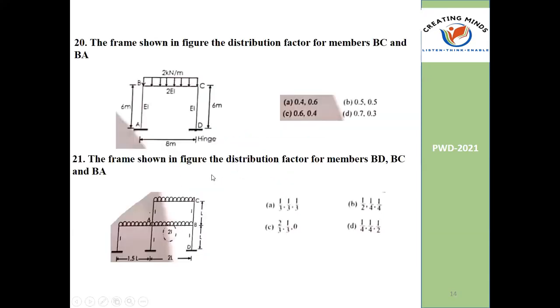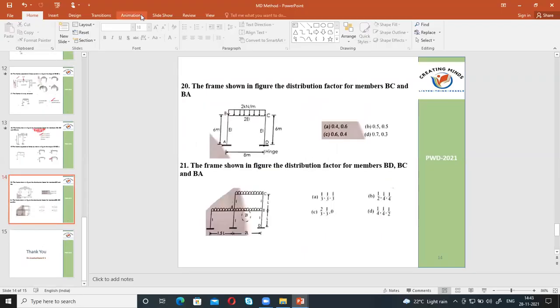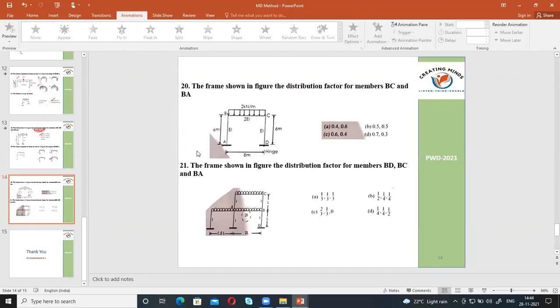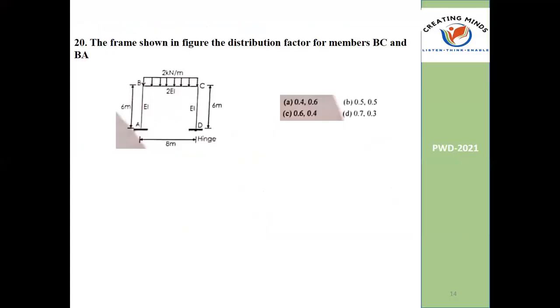Please guess for the next question. The frame is shown in the figure; the distribution factor for members BC and BA is?